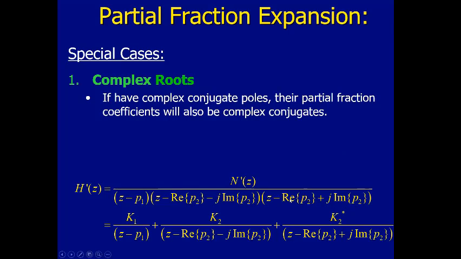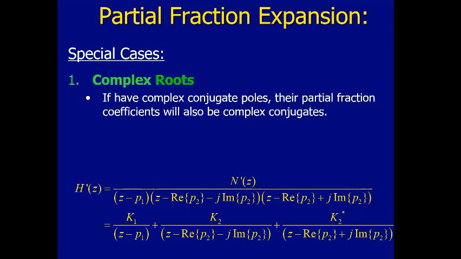When we do the partial fraction expansion, we give each of those individual poles their own partial fraction term. Here's one with one complex pole, and here's the conjugate of it. You can notice it's the conjugate because the j part is the opposite sign, but the real part's the same.